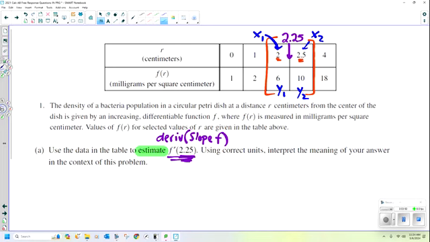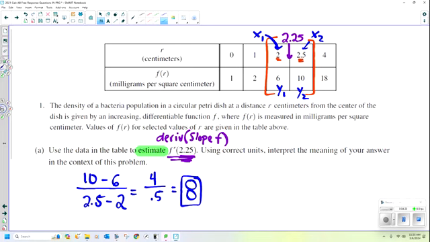All right, so we're going to have 10, which is my y2, minus 6, which is my y1, all over x2, which is 2.5, minus x1, which is 2. Now, you can use a calculator, and if you're one of those students that wants to check everything, do it. But we end up with 4 over a half, and if I divide that, I get 8. Now, this answers the first part.